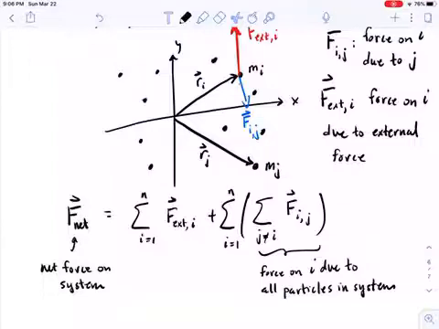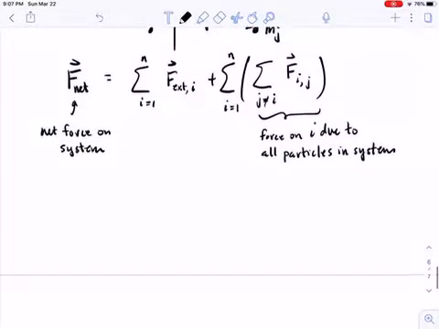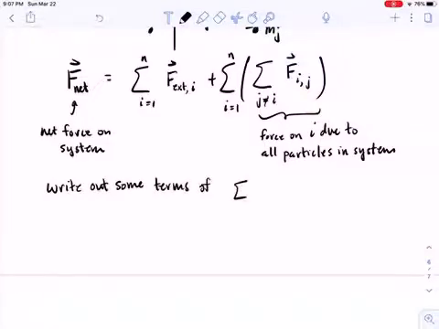Okay, so we have this double sum, and just to get an understanding of its meaning, let's write out some of the terms of this sum over i, and then a sum of j not equal to i, Fij.